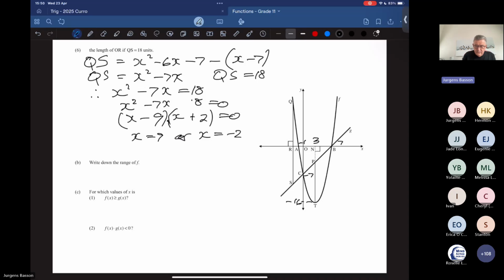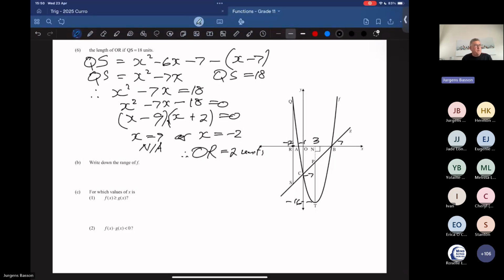I just want to see that's a minus 18. I don't think I've made any mistakes. This one is not applicable. We are interested in x equal to minus 2. So I think you will agree with me. We can now say OR will be 2 units because this x value here is at negative 2. That means OR is 2 units.